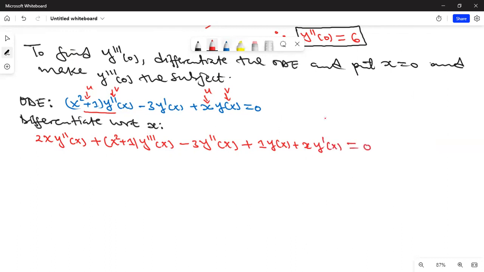So now put x equal to 0. What are we going to get?